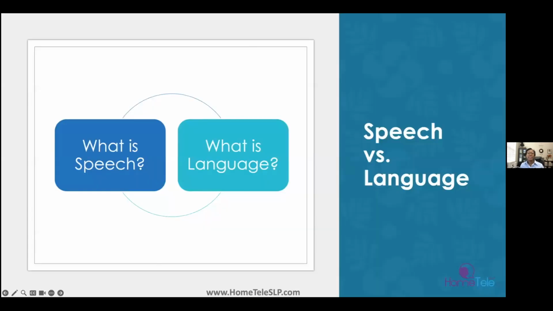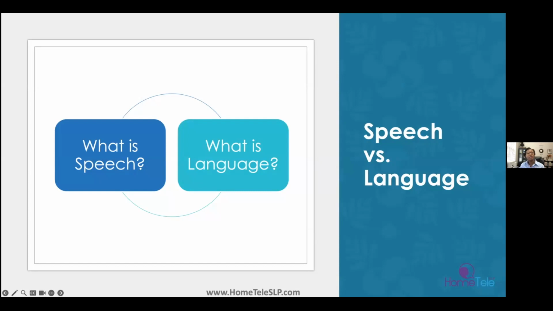I want to begin by talking about the difference between speech and language. A lot of times, if you have a child who receives speech language therapy services, some parents may shorten that title and say the child's speech therapist or the child receives speech therapy. But generally speaking, speech and language therapy is involved depending on the child's area of need.